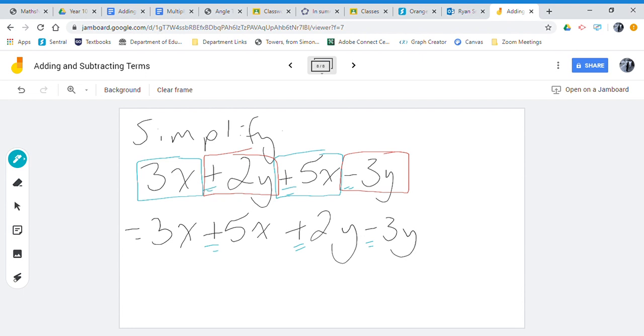It's always moving with its term. Okay, so I'm ready to do my math. What's 3 plus 5? 8x. And what's 2 minus 3? 2 minus 3 is negative 1y. And don't forget, in algebra, we don't write our 1. So what you'd write this as is 8x minus y, in best form.